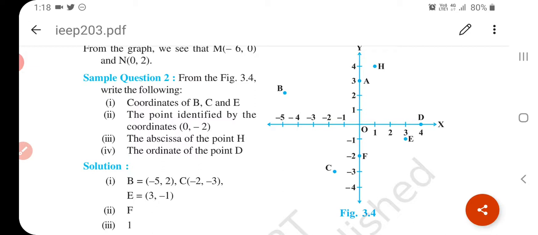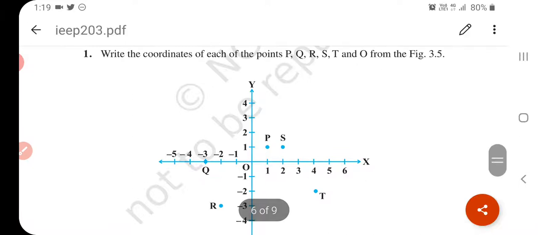So it's the F. Now the abscissa of the point H is 1. See here, it's 1. The ordinate of point D, where is point D? What will be its ordinate? The ordinate of point D is 0 because it's on x axis. Understand?